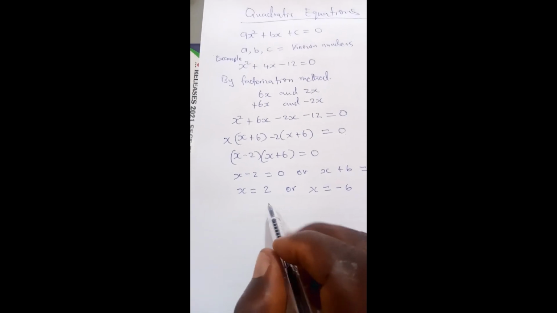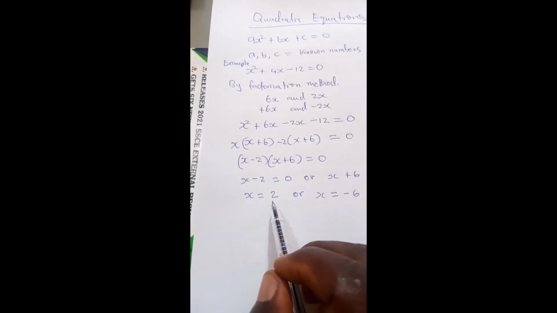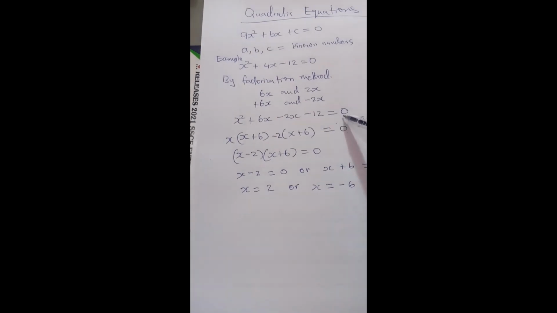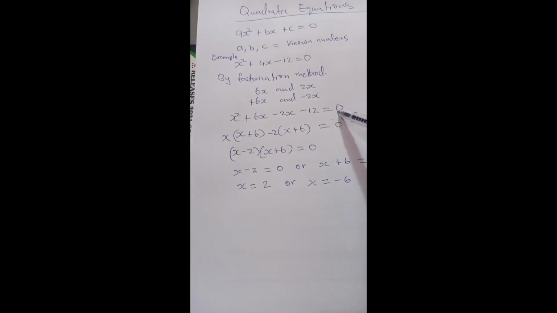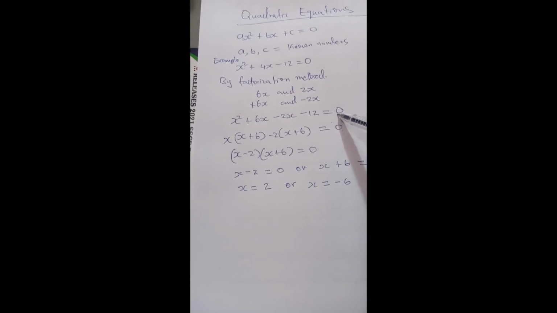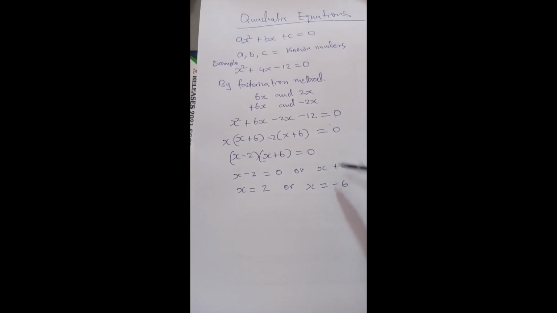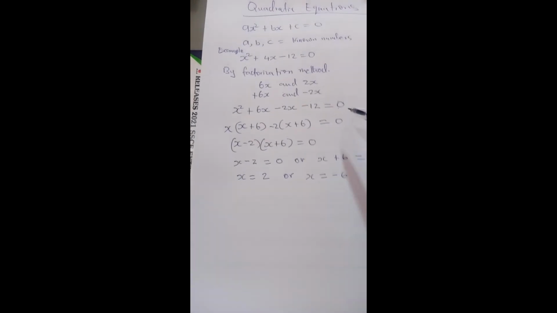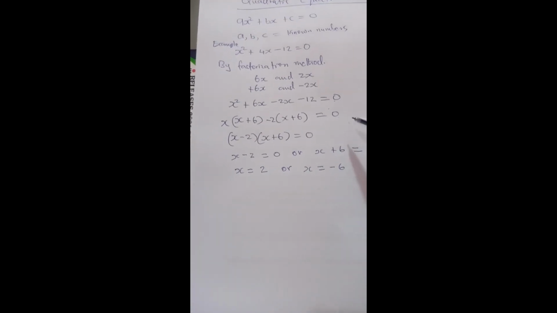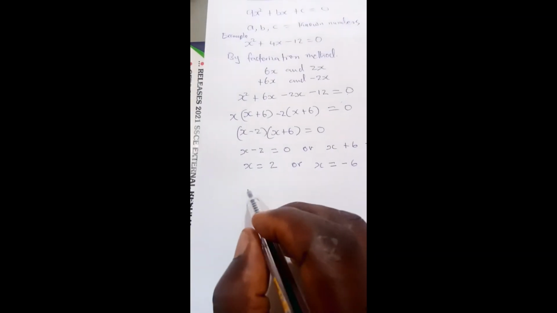It means that in this initial equation that we have here, either you use 2 as x, or you use negative 6 as x. The result will give you 0. So let us check.